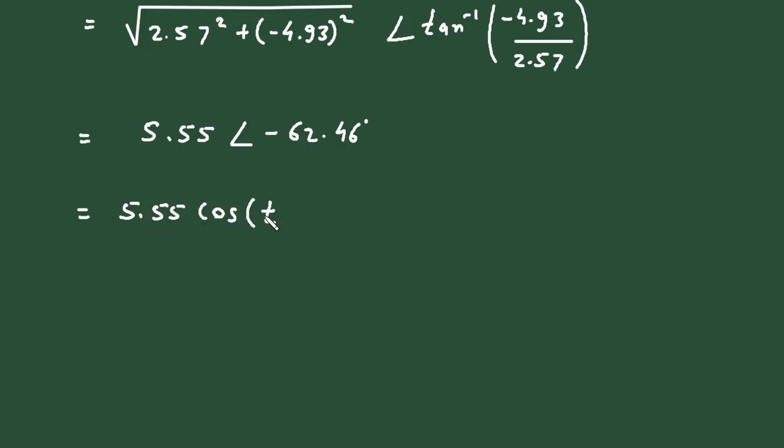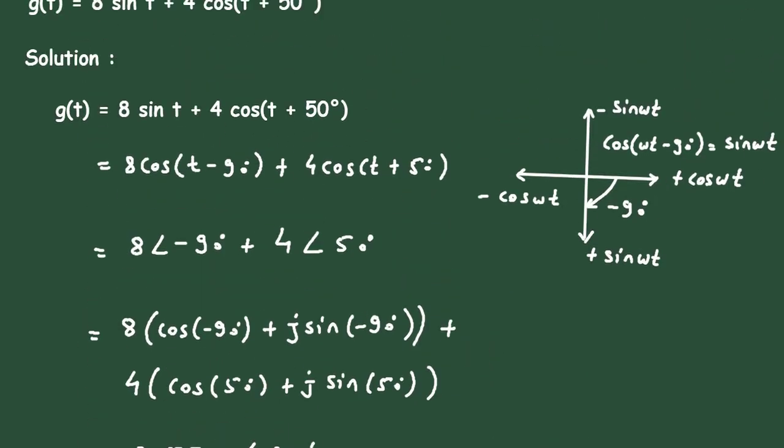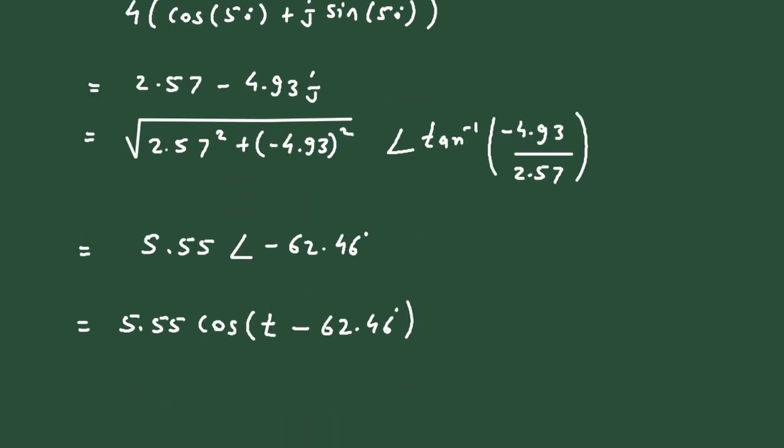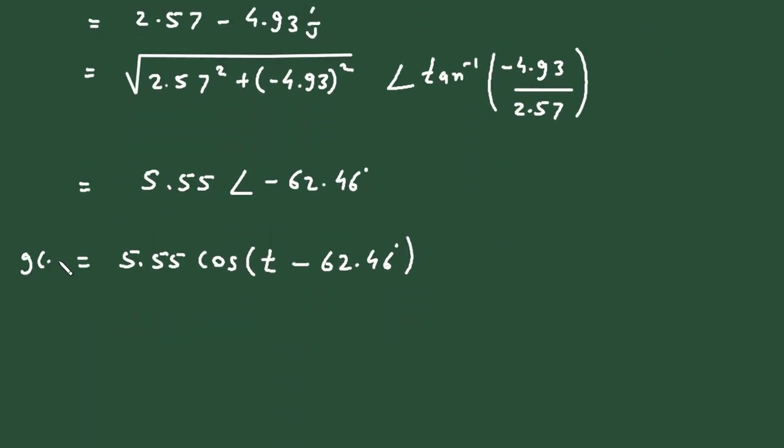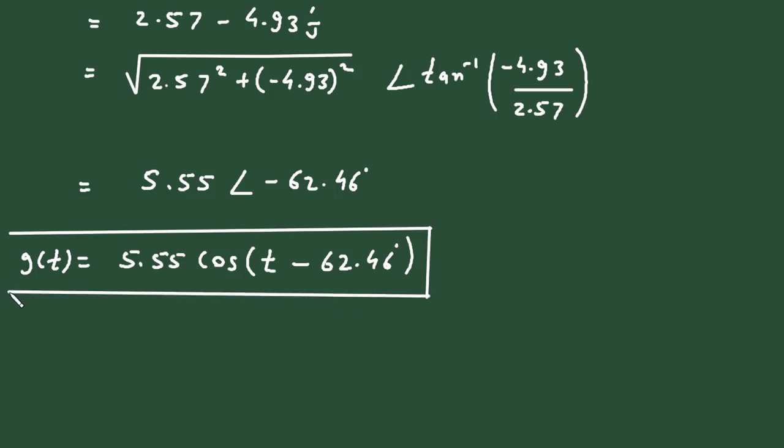So 5.55 cos omega t plus, here the phi value is minus, so minus 62.46 degree. So therefore this is the value of g of t. g of t is equal to this value. So this is how we can add sinusoids.